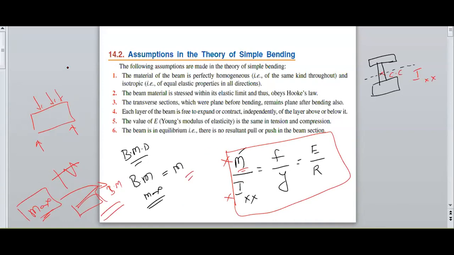The procedure is from unit 2. We need to follow unit 2 for finding the M, and for finding the Ixx, that is the moment of inertia, I need to follow the procedure you have followed in engineering mechanics.